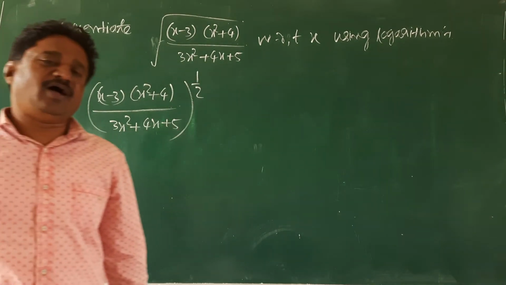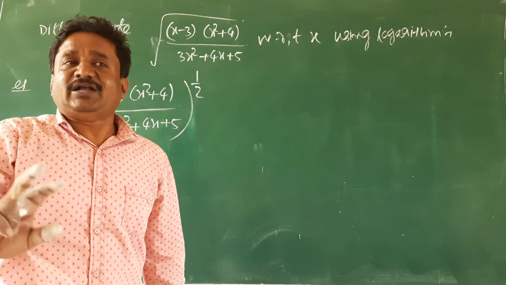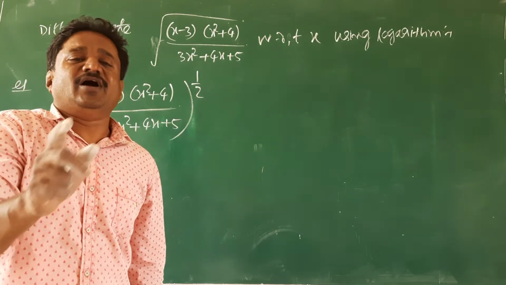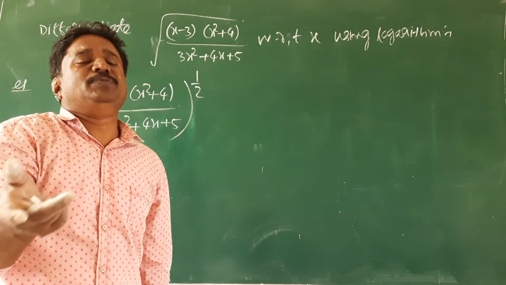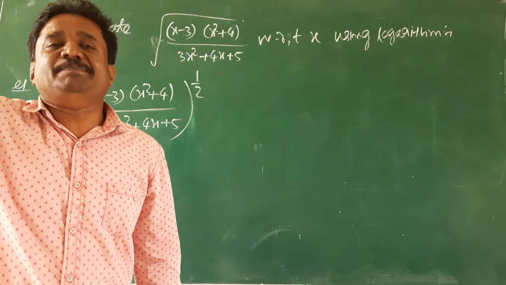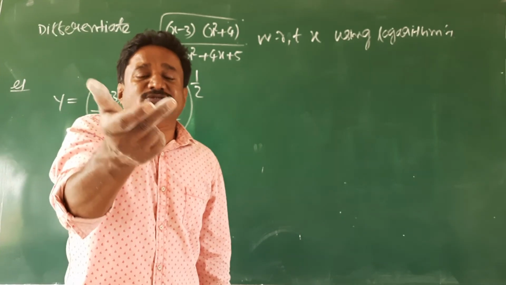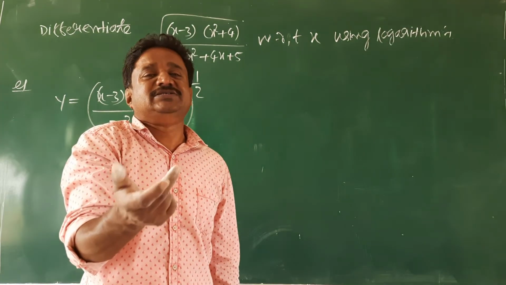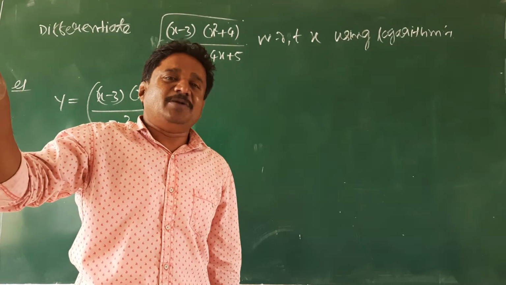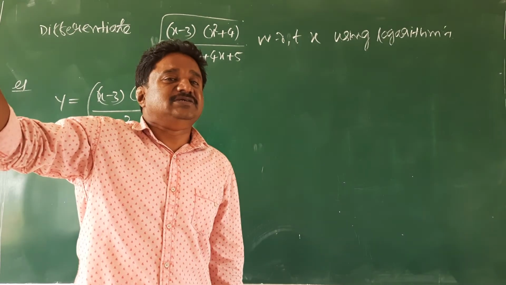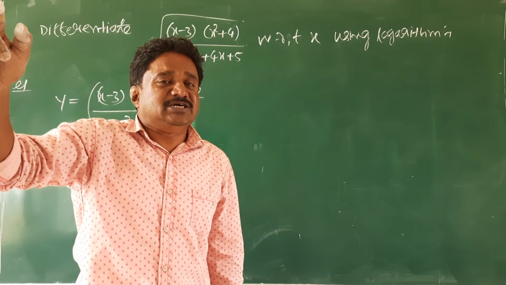What is the use of log? The use of log is bringing the power down. If you bring the power down, your differentiation becomes so easy. That is why we take log on both sides whenever the given function is in the form of function power function.